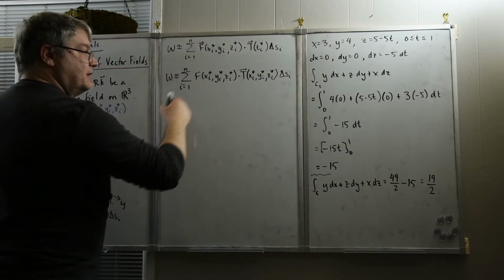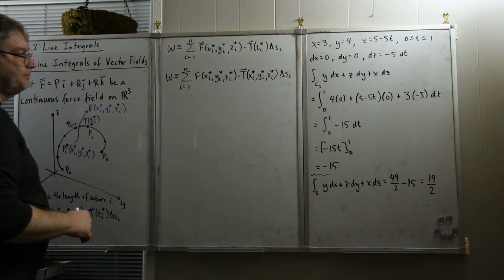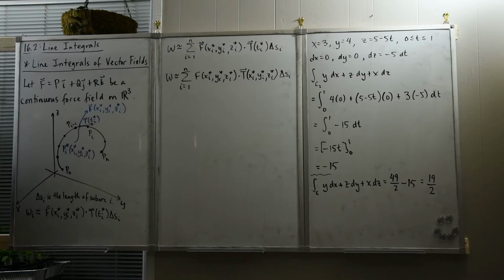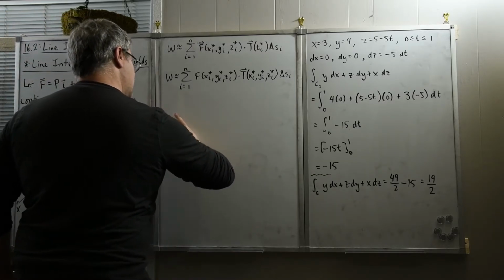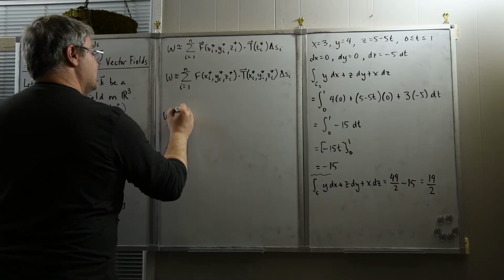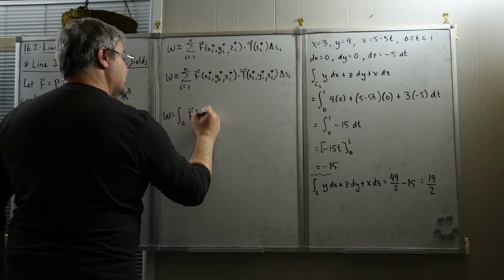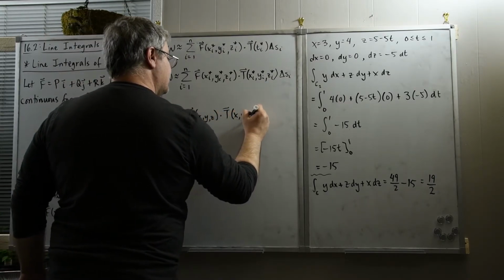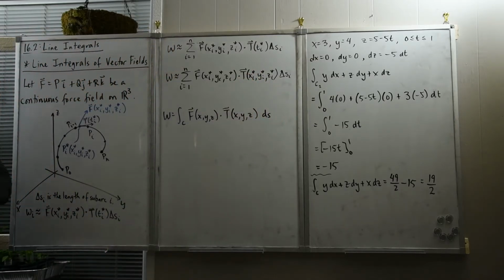So this kind of looks like a Riemann sum. If we were to take the limit as n approaches infinity of this summation, that would give us a line integral along C of F of x, y, z dotted with T of x, y, z with respect to s.